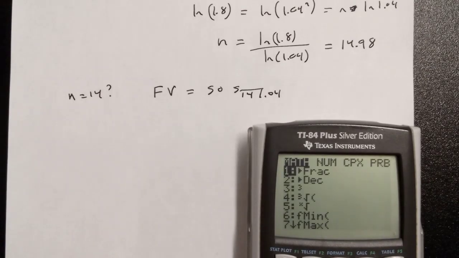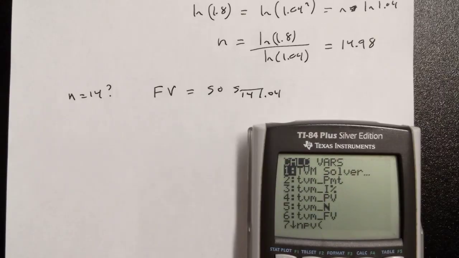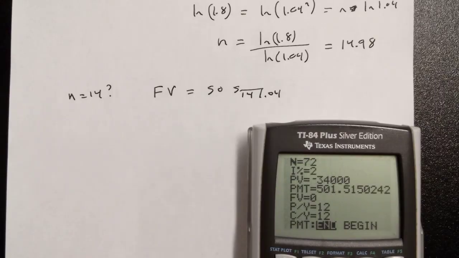Using the financial application in the TVM solver, I can say I'm going to make 14 payments at 8% a year. Present value is 0. My payment is 50, and I'm doing 2 a year. Work out the future value. And I come up short, right? Call it 914.60.